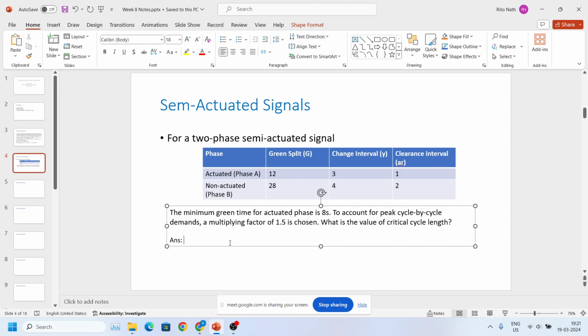Yeah, so the green splits are given to you, and then what you have to do is find this G max of A as well as G min of B. So what will be these values?